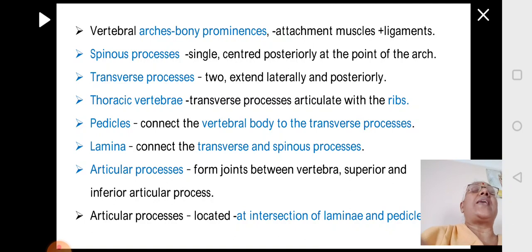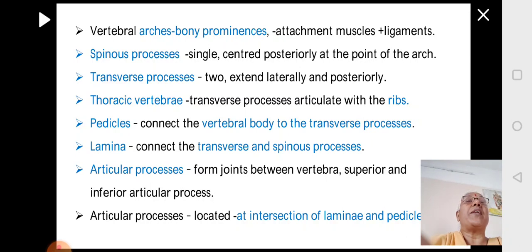So you will see that the vertebral arch will have bony prominences to which muscles and ligaments will be attached. Then there is the spinous process present at the posterior end, where the arch joins and meets. From the body, two transverse processes will arise laterally.